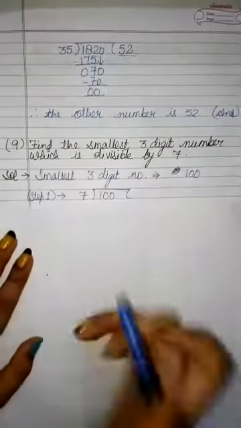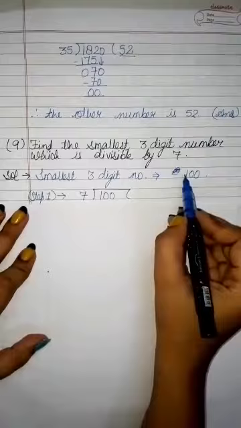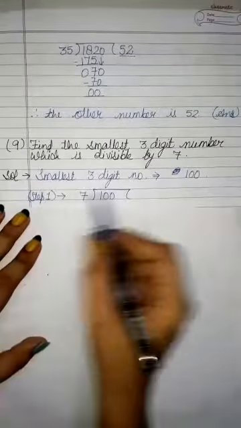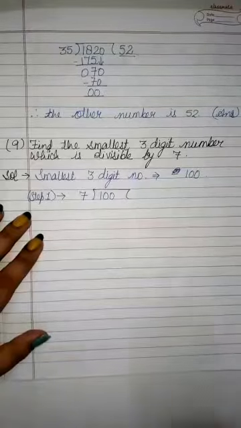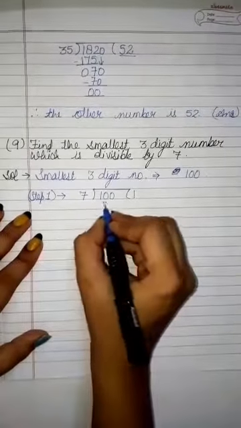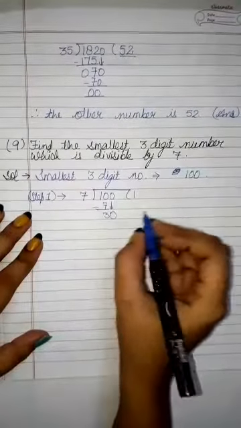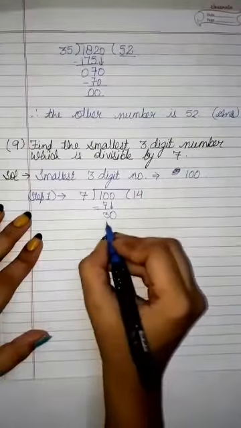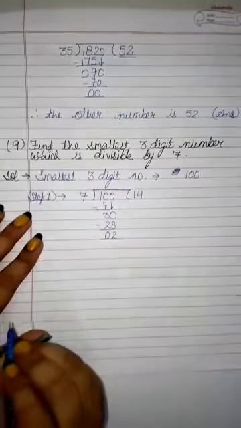See the solution, children. First you will write the smallest 3-digit number, that is 100. Now what is step 1? This 100 you will be dividing by 7. 7 ones is 7. What you get? 3 and 0. Now 7 fours is 28. What is left? 2. Now see what you have to do.